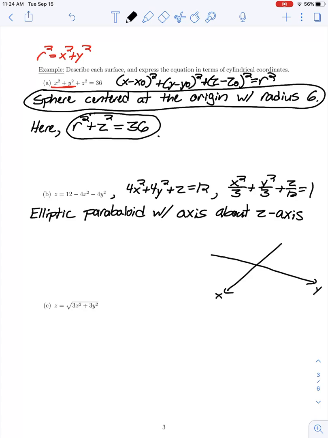A little review on our quadric surfaces. When x and y are 0, z is 12, so our intercept along the z-axis is 12. And the smaller that I make my value of z, I can see that my ellipses will be larger.